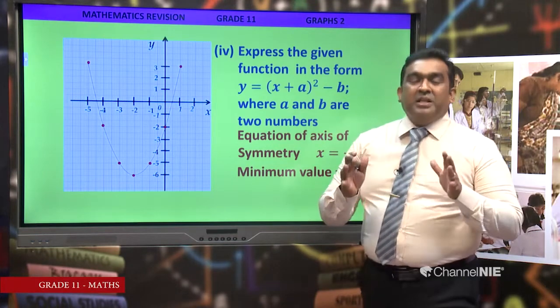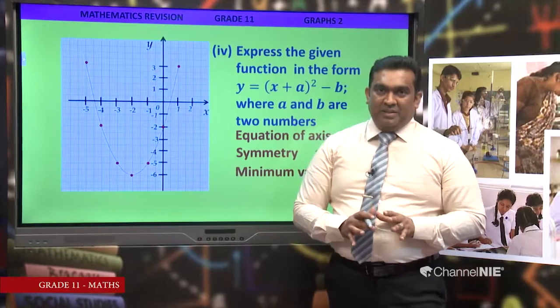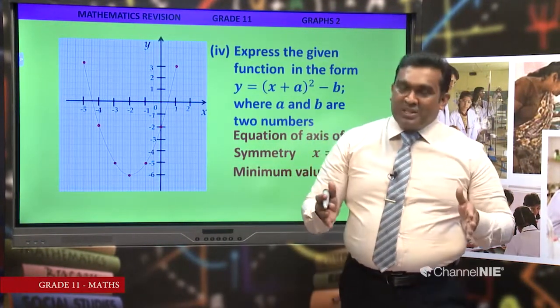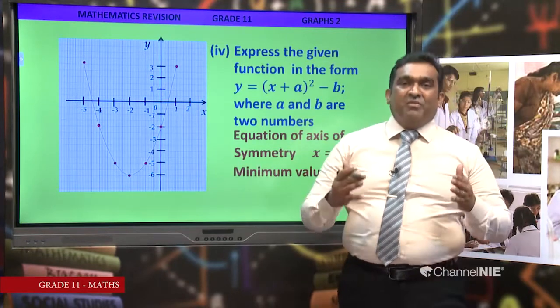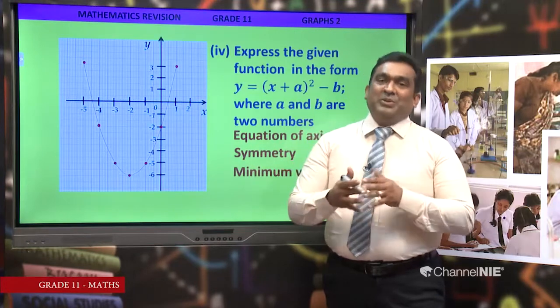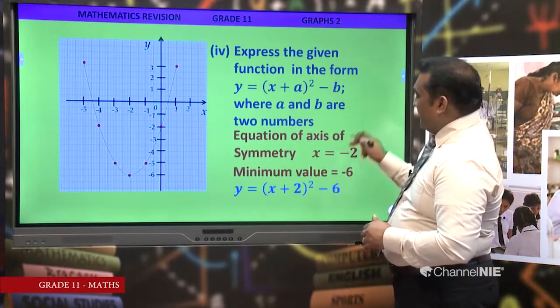Try to identify the pattern here. There is a special pattern. What is that? X equals minus 2, equation of axis of symmetry, then the minimum value. Then how to insert these values into the equation.